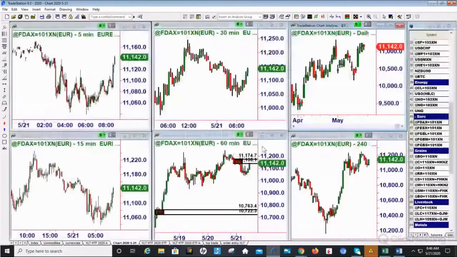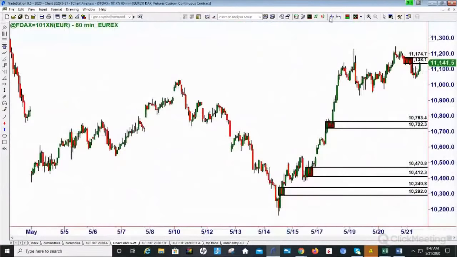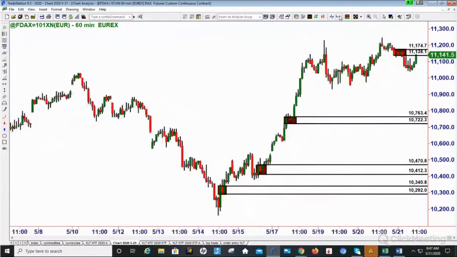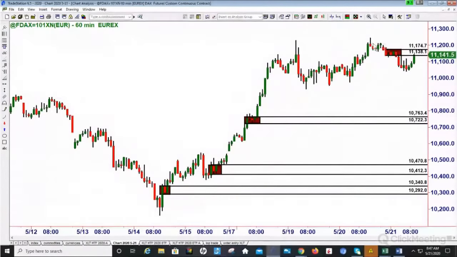There is a little bit of an area right as it's hitting now from the overnight. So this is an overnight inside of the range. You can see right here at the 11,138 to 11,770 down below. So these are all brown for a reason. But you can see the first area here, the 10,763 to 10,722.